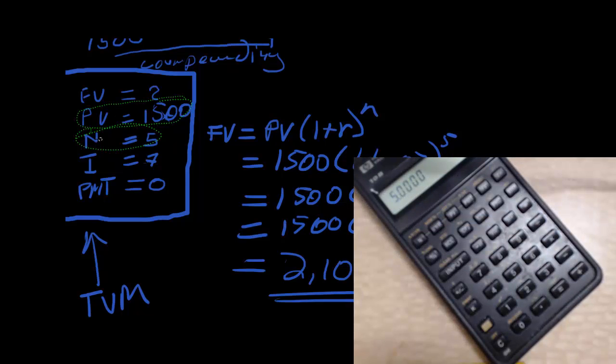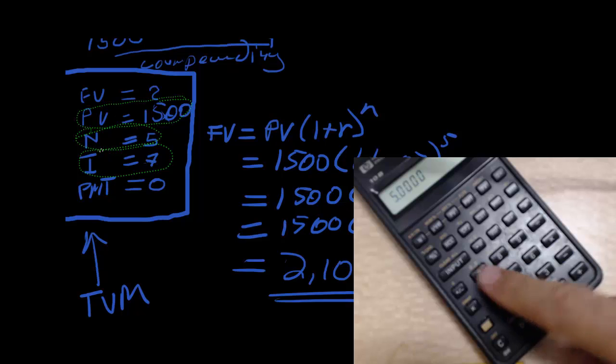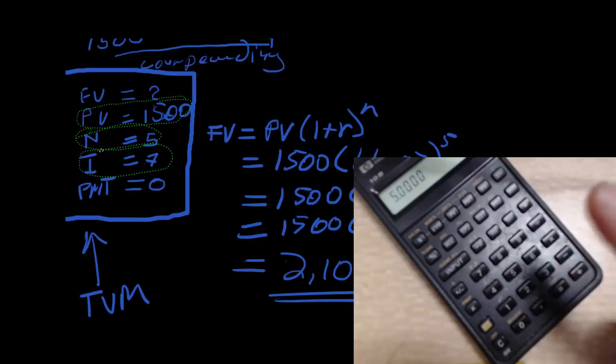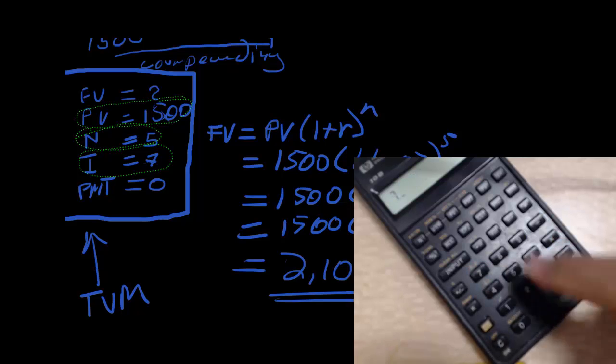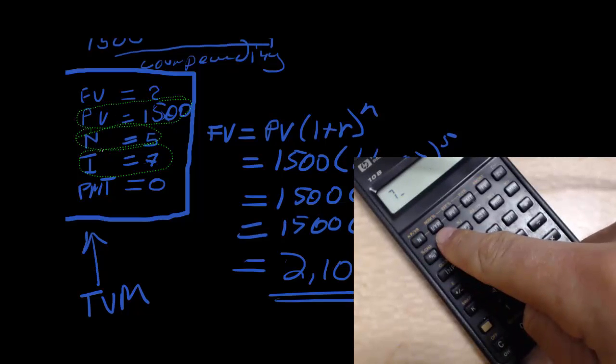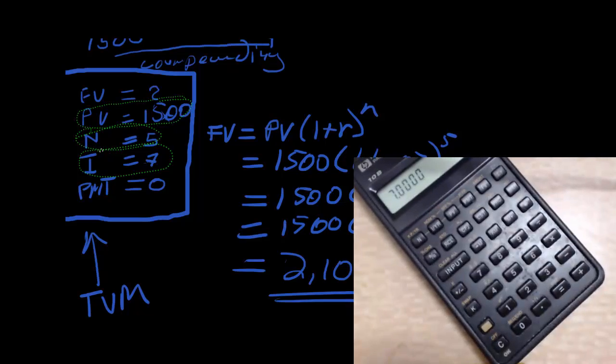Simple as that. And then the same for my interest, at 7. The only difference is that when we do 7 here on the calculator, it's already adjusted for the decimal. So you're not going to do 0.07, you're just going to do the 7. 7 goes into my interest, or interest per year, depending on which calculator you have.